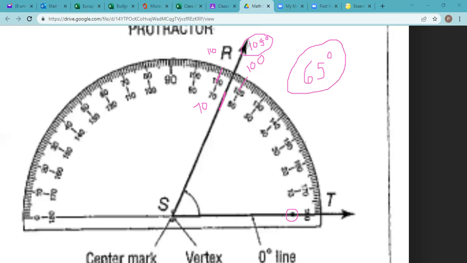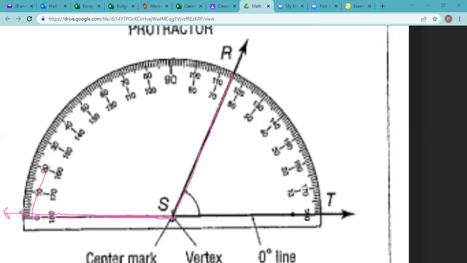Okay. Now, again, if this was pointing to the left, all right, then when you start at 0, you are going to be looking at the outside numbers. Okay. So let's say, for instance, that this is now our new arrow. All right. It starts off over here to the left.